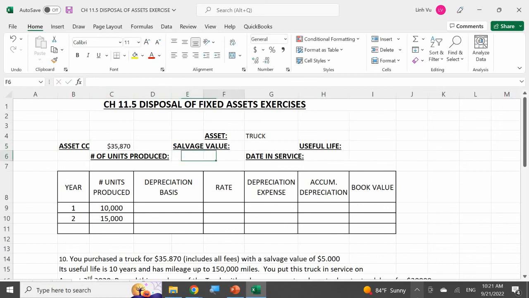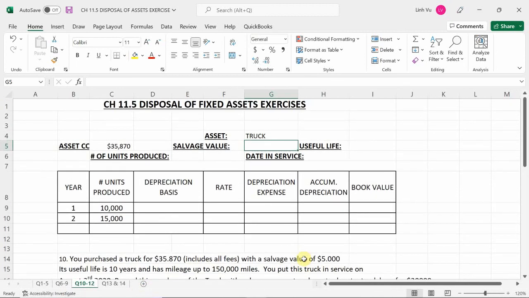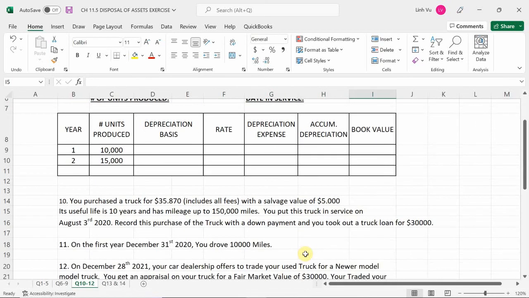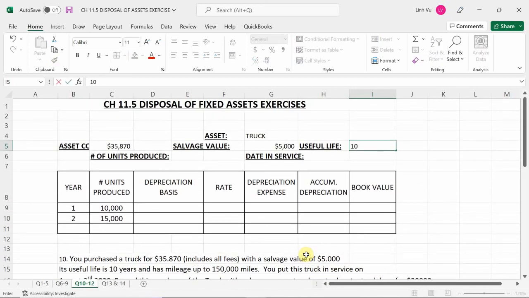Did I have a salvage value? Let's see. 5,000. We have a salvage value of $5,000. Okay. What's my estimated useful life on this asset? 10 years. Okay.